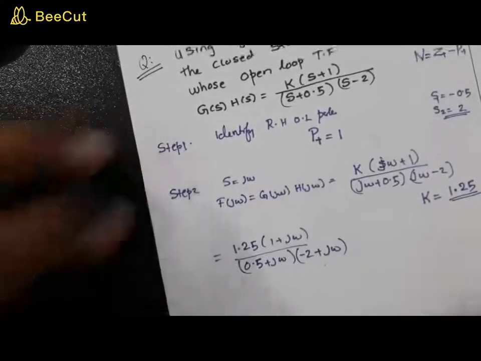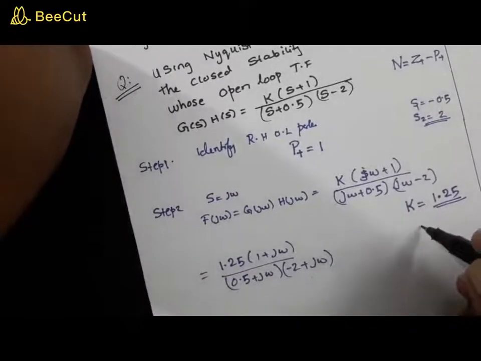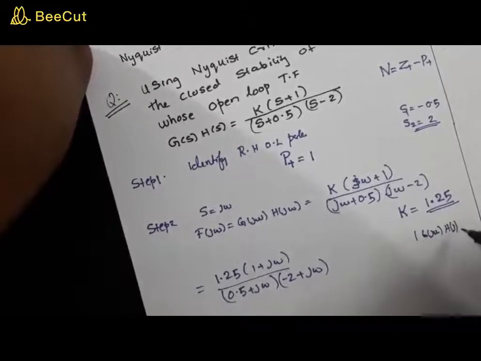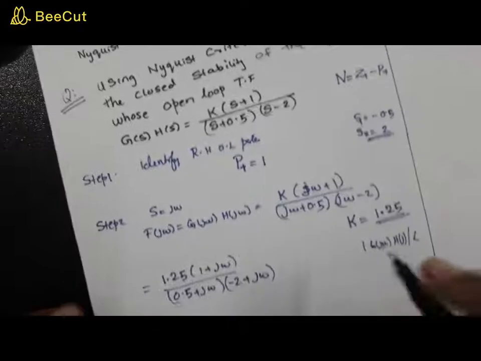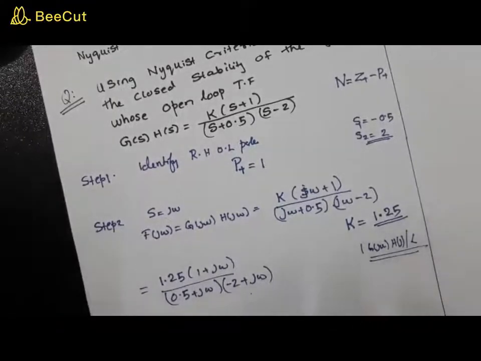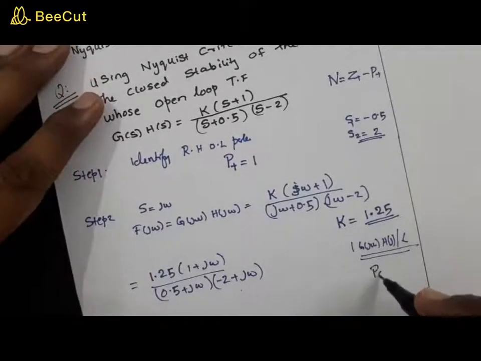In the last sessions, we converted this into magnitude angle form. I did that purposefully to show you how you need to proceed if you are using a polar graph sheet.